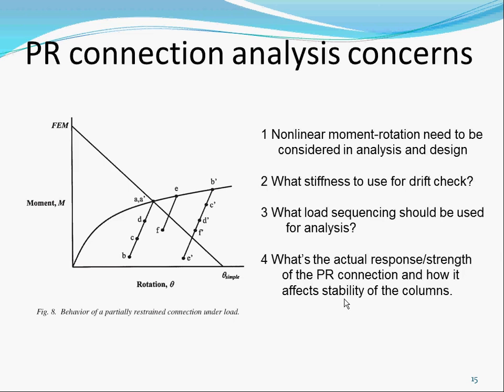All the equations derived in those K calculations assume the beam is rigid enough to restrain the column. What if you now have a PR connection that is not stiff enough to restrain it? What happens? You have to look into modifying the K to do your column design.